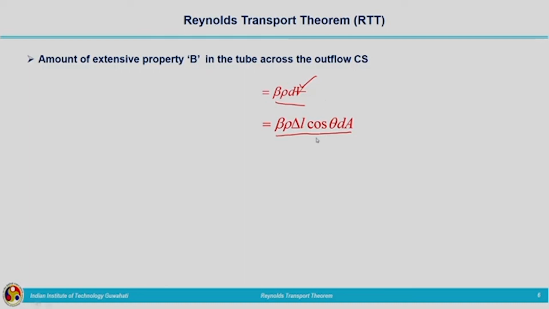This corresponds to an elemental volume. This expression we got after considering a small elemental area dA and the corresponding elemental volume dV we have calculated.